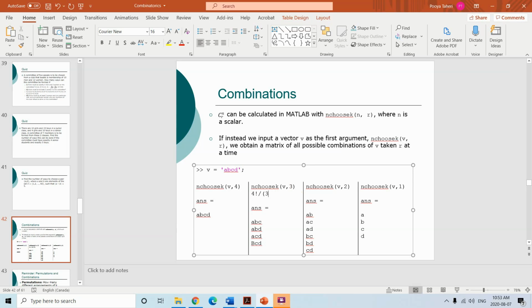Well, let me write it in order: 1 factorial times 3 factorial. So 4 factorial divided by 3 factorial is 4, right? This is how we have only 4 different ways of selecting 3 objects out of 4 objects. The same thing for when k is 2 or k is 1.